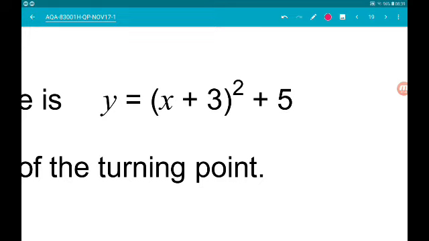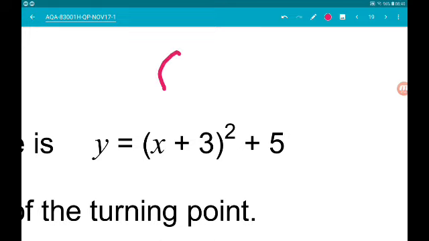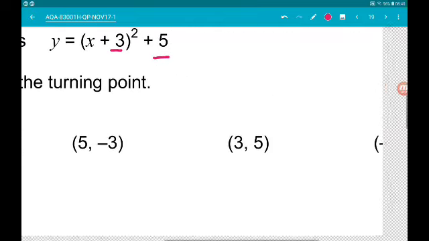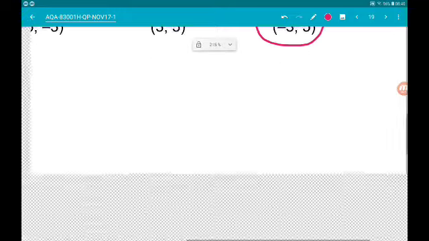The coordinates of the turning point are, well, the x coordinate is the negative of the number in the bracket with the x, so minus 3, and the y coordinate is the number on the outside, so we got minus 3, 5, which is there.